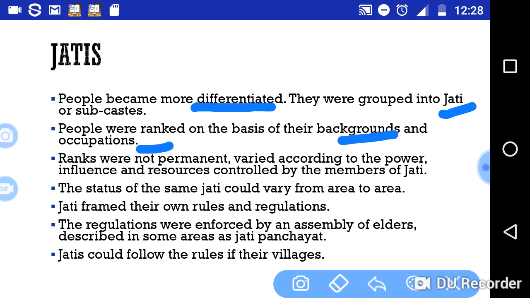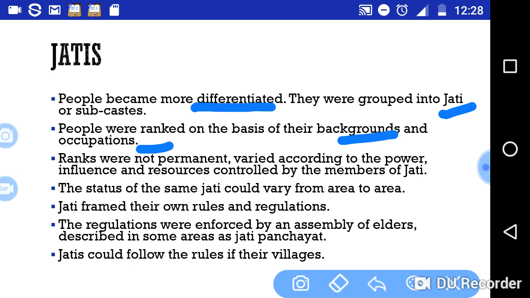Depending upon their occupation and background, these people were differentiated into groups called jatis, and these ranks were not permanent, and could vary according to the power, influence, and resources controlled by the members of the jati, and the status of the jati, which varied from one area to the other.